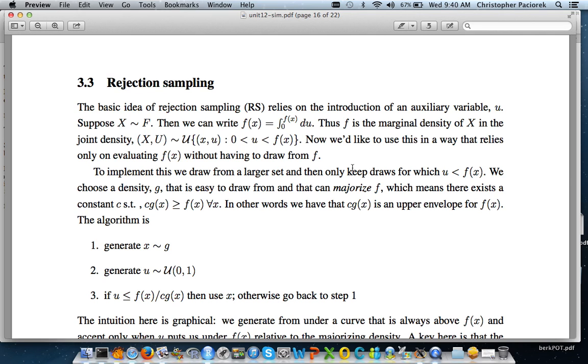If I want to know the probability that the variable is less than here, the way that I would find that out is I would integrate over this shape up to this point x. So I'm going to integrate from minus infinity to x, and then I'm going to integrate from 0 up to u.